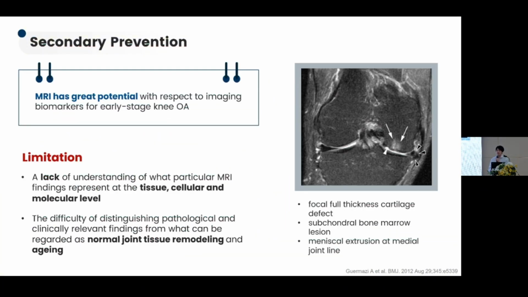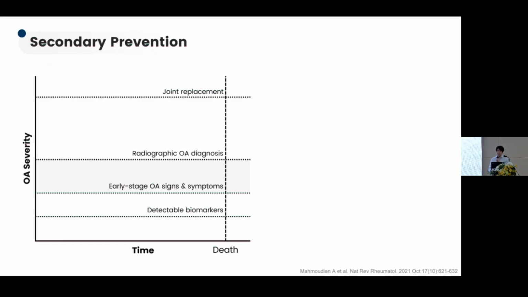Along with the biomarkers, MRI is crucial in secondary prevention, allowing visualization of early cartilage changes and structural abnormalities. However, limitations exist in distinguishing normal aging from pathological changes, and further research is needed. This slide ultimately illustrates the importance of early detection and intervention.